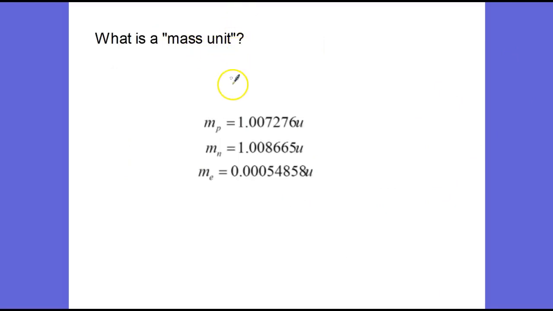What is a mass unit? The mass of a proton is 1.007276 U, or mass units. They used to be called AMU, or atomic mass units, but now they're just U. And what they did was they took a carbon 12 atom, and they said that 1 U is equal to 1/12 the mass of a carbon 12 atom.